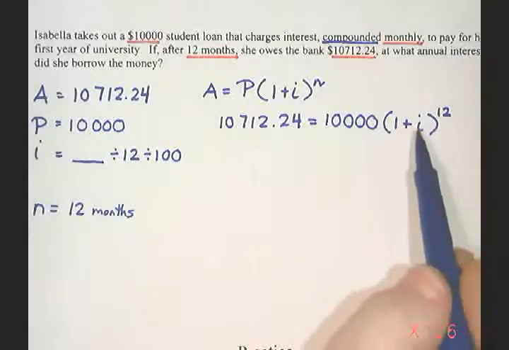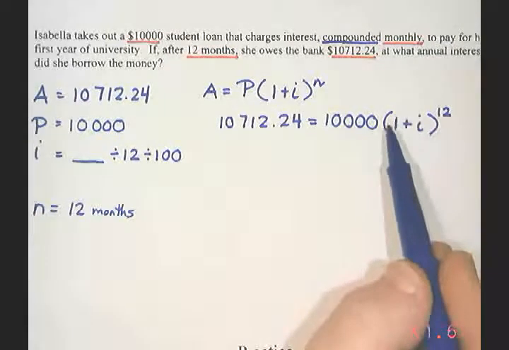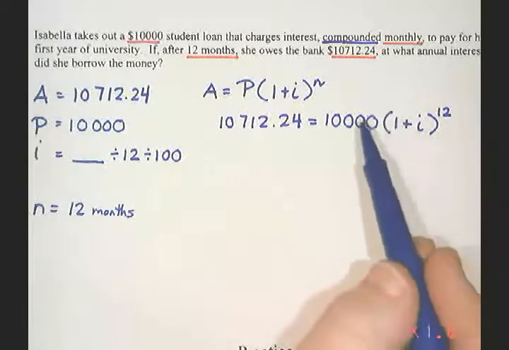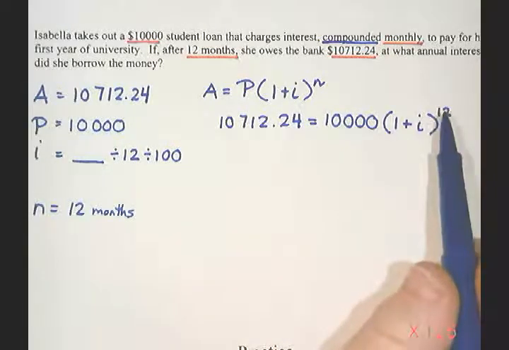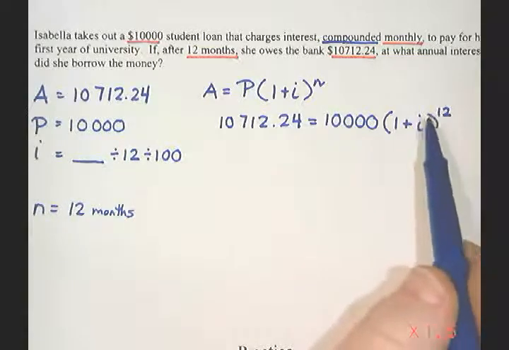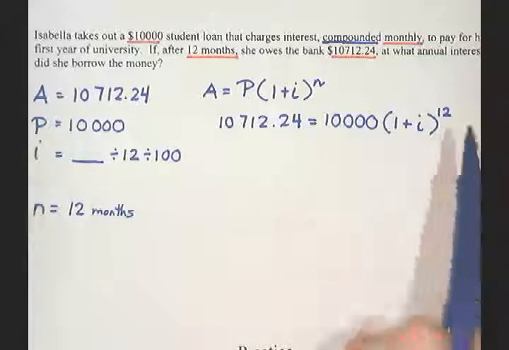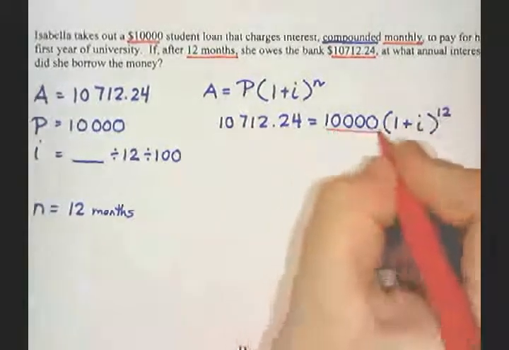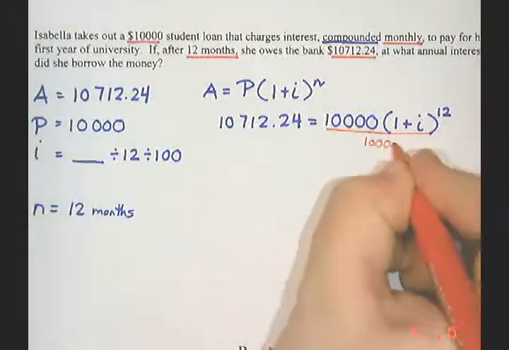So since I want to solve for i, and i is stuck inside this bracket with an exponent on it, I can't multiply by 10,000 because it's got an exponent. And BEDMAS says you have to work out your brackets and your exponents first. And because I don't know this, I can't do that. So what I end up doing is taking that 10,000 to the other side by dividing.